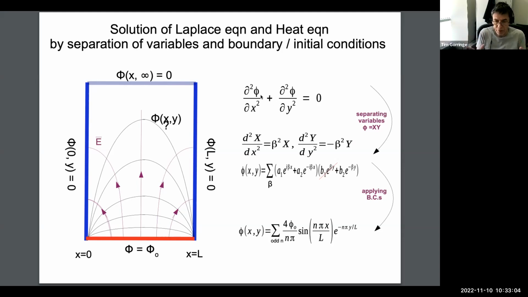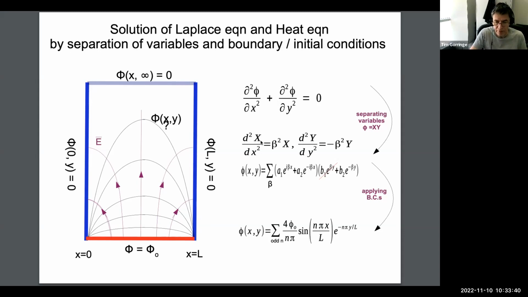The hypothesis in this step is that we can replace the electrostatic potential phi with a product of 2 functions, one only of x, I called it uppercase X, one only of y, I called it uppercase Y, and in that way break the partial differential equation down into a pair of ordinary differential equations. So I replaced phi with X times Y.